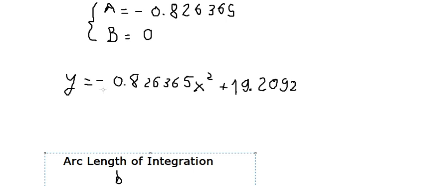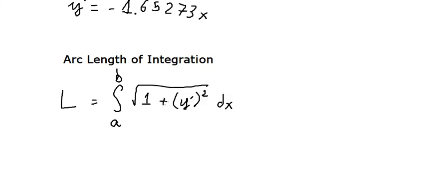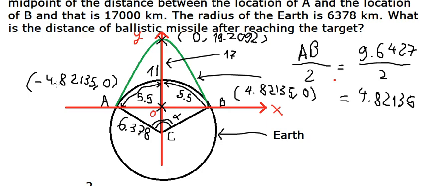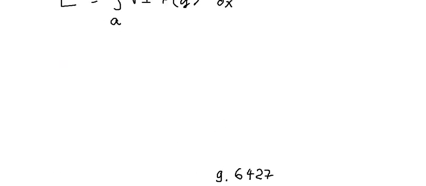So if we do the first derivative of this one, you will get about negative 1.65273 x. Now about a, b. a is from negative 4.82135 to 4.82135. So that's the location.